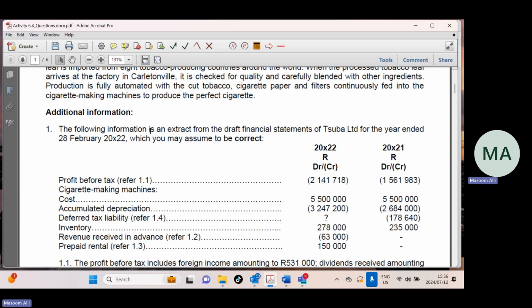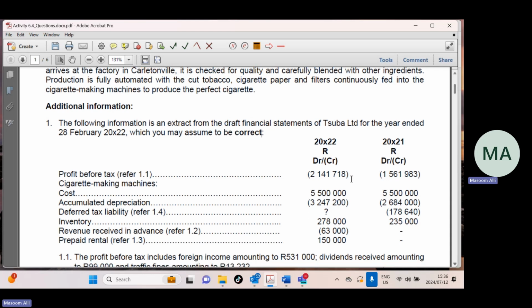So the following information is an extract from the draft financial statements of Tsuba Limited for the year ended 28 February 2022, which you may assume to be correct. So the question has made it a little bit easy for us, where we know that these figures do not need to be adjusted, okay? Because we are told that we can assume them to be correct, and that these are the draft financial statements.